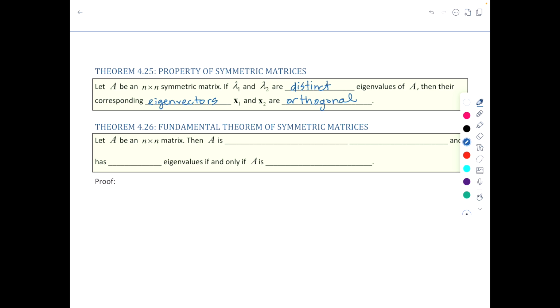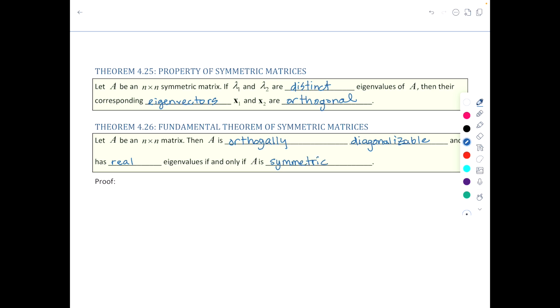So the next theorem, the fundamental theorem of symmetric matrices, tells us that if A is an n by n matrix, then A is orthogonally diagonalizable and has real eigenvalues if and only if A is symmetric.